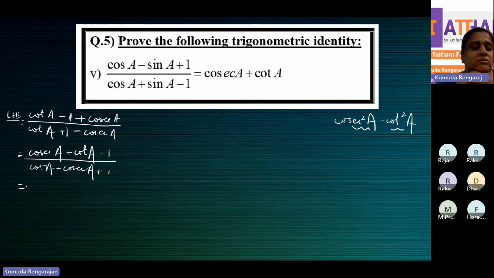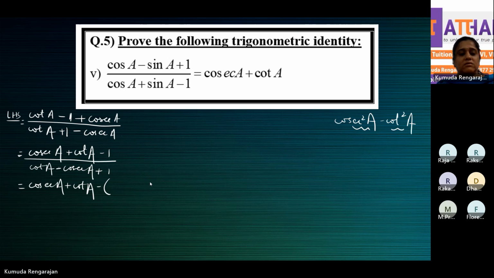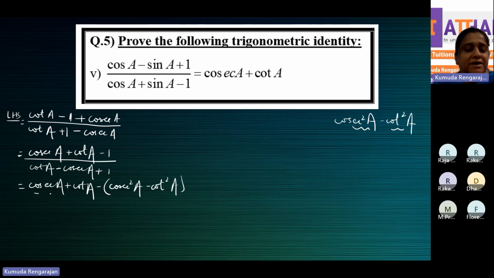Okay. So now in the numerator, cosecant A plus cot A minus, what is 1? Cosecant square A minus cot square A. By the denominator as it is.